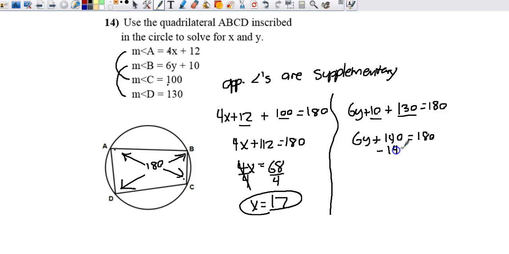Subtract your 140. 180 minus 140 is 40, so 40 divided by 6 is 40 divided by 2 is 20, 20 divided by 3. What is that? 6.66 repeating.